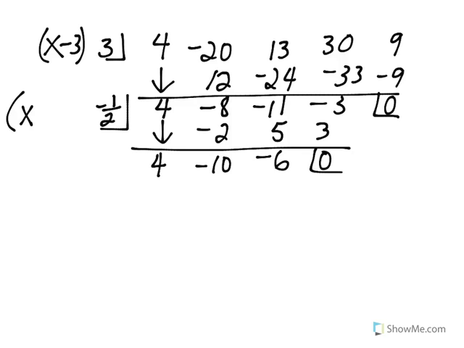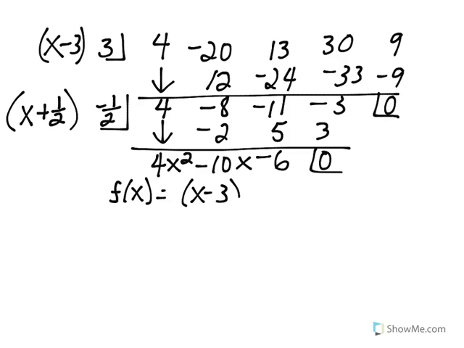Now normally I would have you get rid of the fraction, but we're going to make this x plus 1/2 for now, because there will be something that will multiply the fraction back in. So far, f of x equal to x minus 3 times x plus 1/2 times 4x squared minus 10x minus 6.